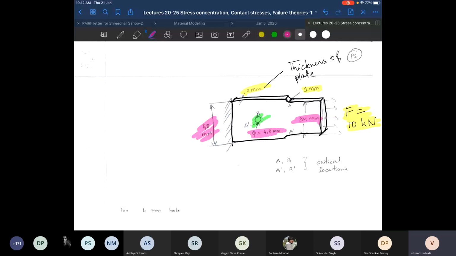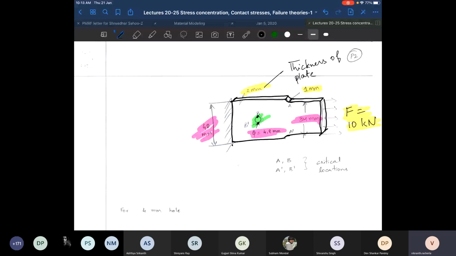Now, I would like to know what is the maximum stress occurring within the plate for the given loading. In order to estimate the maximum stress, I first need to know the locations, the critical points, where the stresses are going to be maximum. Based on those color contour plots I showed in the last class, the maximum stress would occur at these two locations.